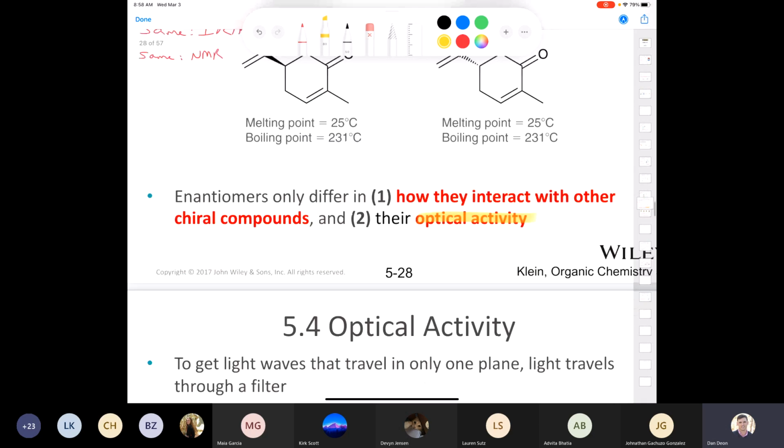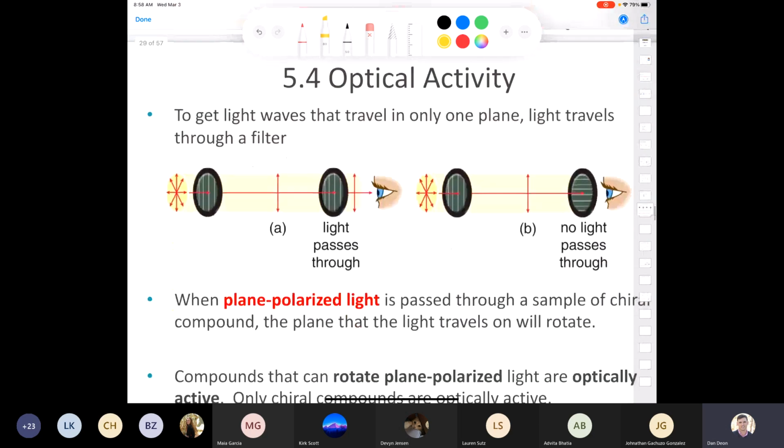If you're wondering what optical activity is, make sure that you read section 5.4 before class this coming Friday, but I'm going to explain it to you pretty quickly here. Has anybody seen fancy polarized sunglasses that you can buy with a little hang tag on them with a polarizing filter on it, or another polarized lens?